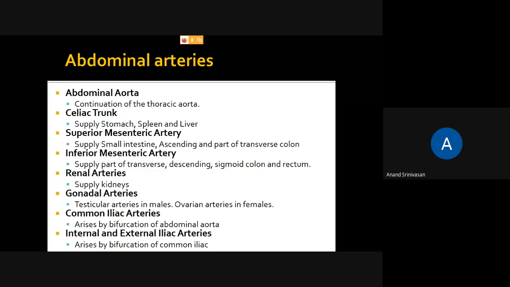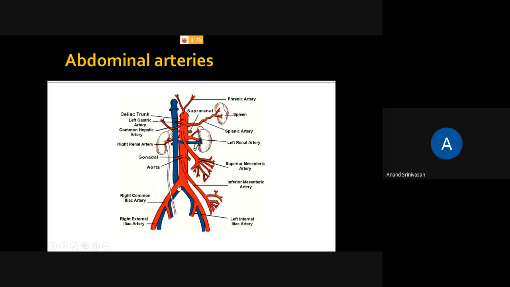See here, the abdominal aorta near the end divides into common iliac arteries, right and left. These common iliac arteries divide into external and internal iliac arteries.